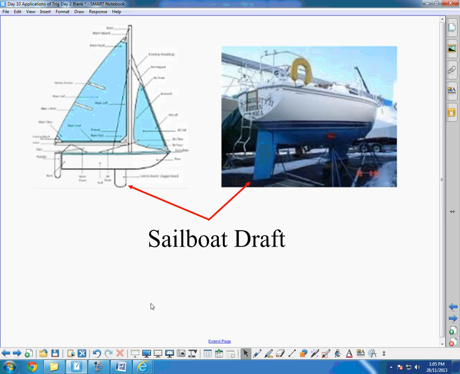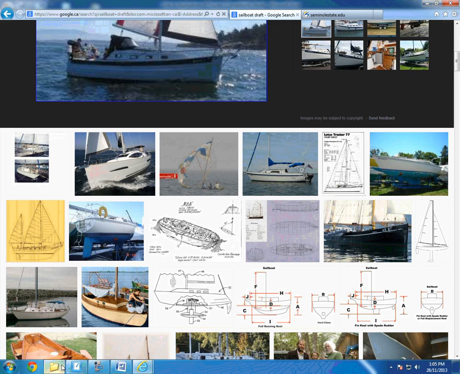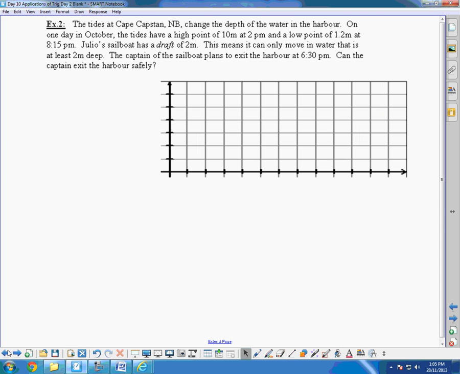That part is called the draft. If you want to actually sail the boat, you've got to make sure you've got at least that much water to be able to sail. We can see at the low point we're euchred, right? So this means that it can only move in water that is at least 2 meters deep.